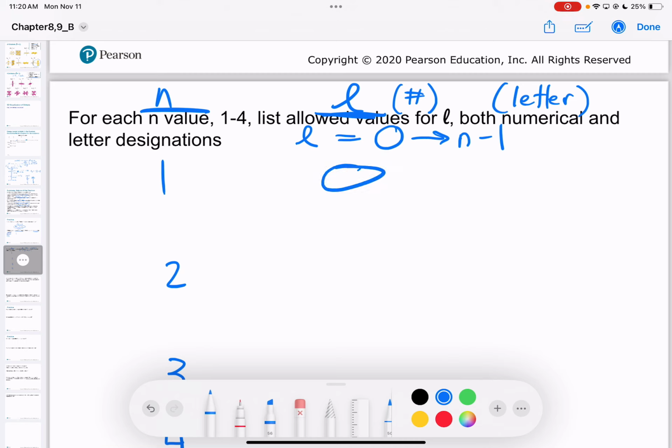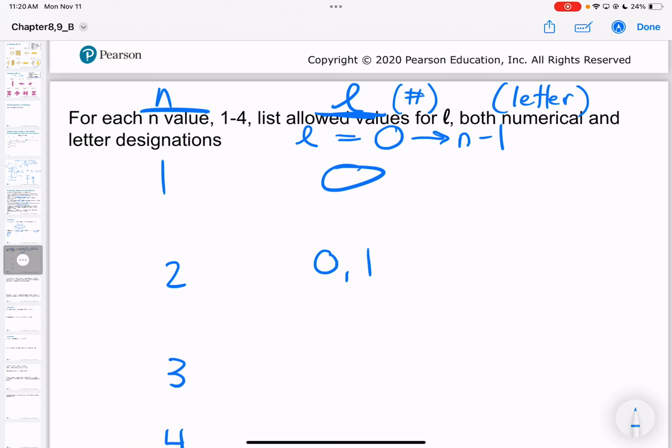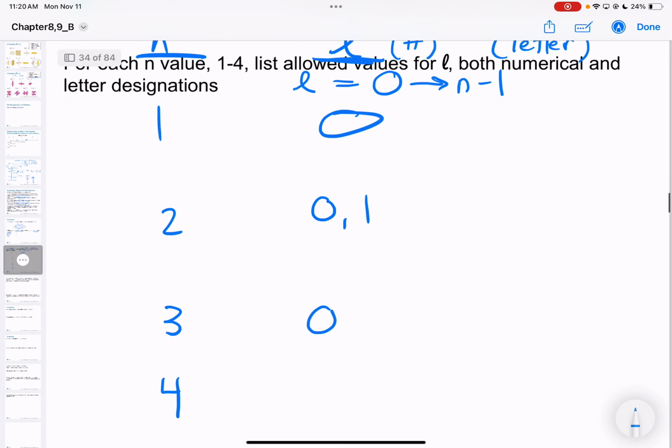So the only allowed value of L for N equals 1 is 0. For N equals 2, 0 through 2 minus 1, or 0 through 1. So 0 and 1. For N equals 3, 0 through 3 minus 1, or 2. So 0, 1, and 2. And then for 4, 0, 1, 2, and 3.